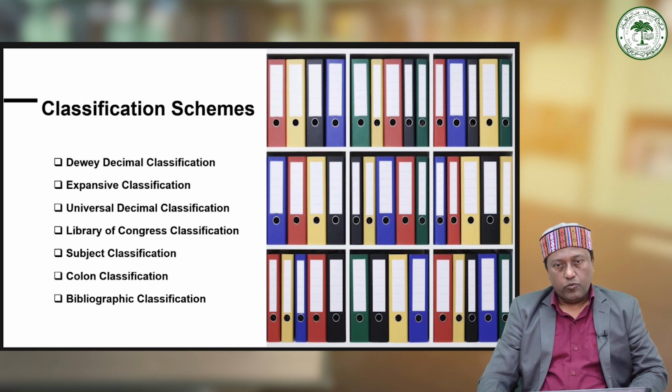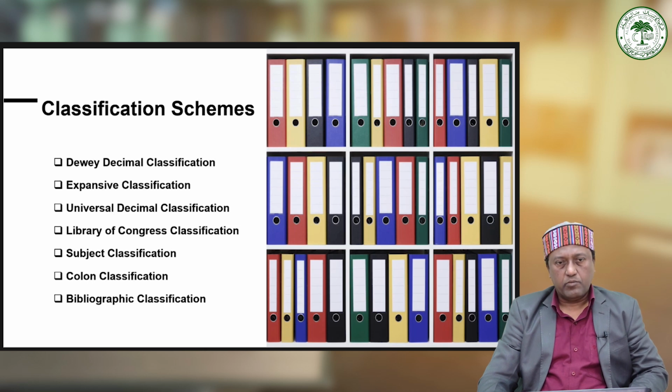Whatever they decide, it should be a matter of policy that any one scheme, one code, and one tool for standardizing subject headings should be used for a library. But just for your information, I'll be discussing all these schemes very briefly.